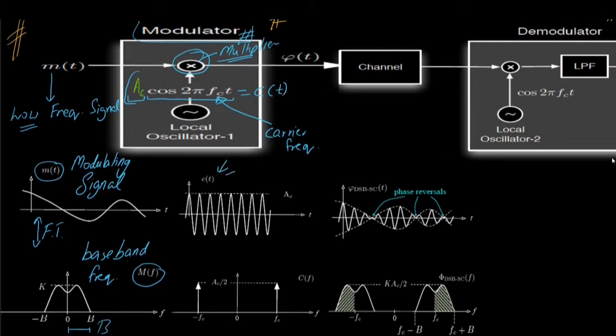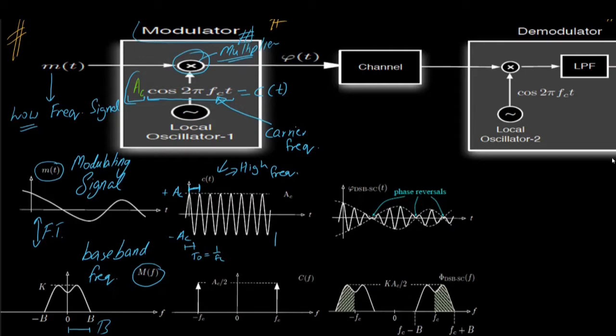The c of t is a high frequency signal, a simple cos function, with an amplitude of AC, so it oscillates between plus AC and minus AC. The time period is this until here, our T naught, which is equal to 1 over fc.